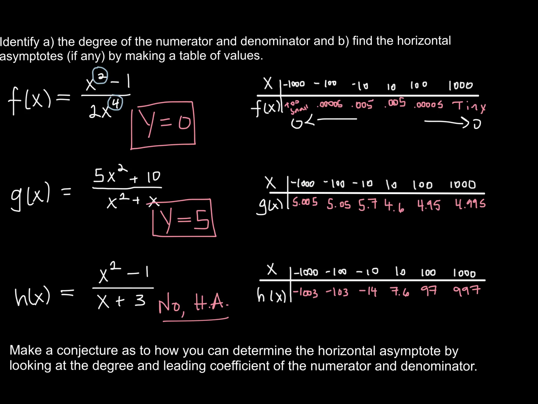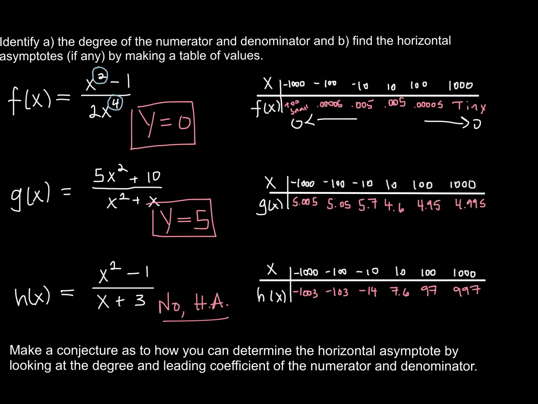And the same is true for the denominator. X squared is going to matter much, much more in determining the value of the denominator for these big negative values and big positive values than will x. Now, x is still going to have a little bit of influence, but ultimately, as we're approaching infinity and negative infinity, when I square those huge values, it's going to dominate that value of x.